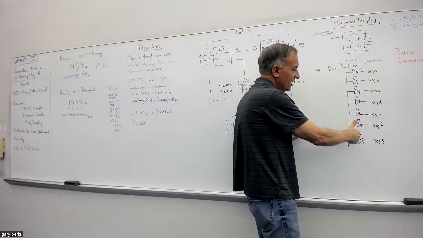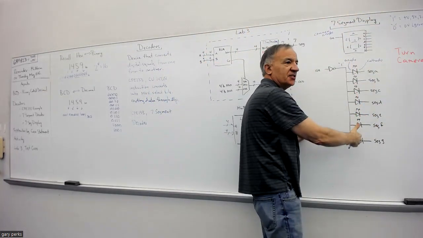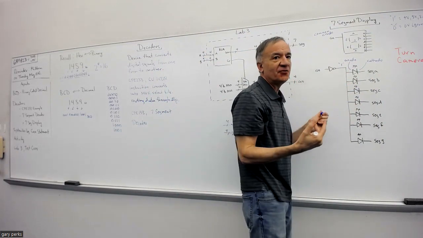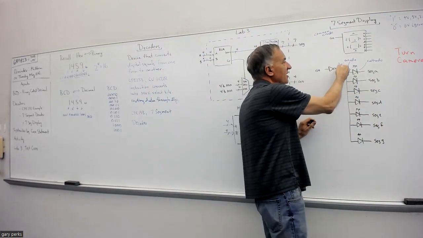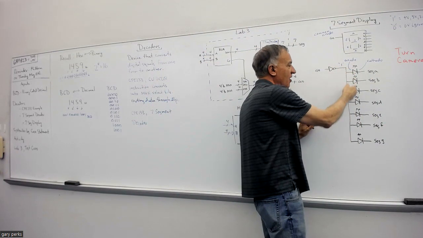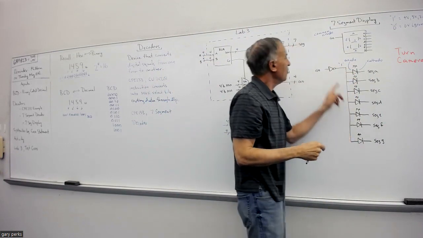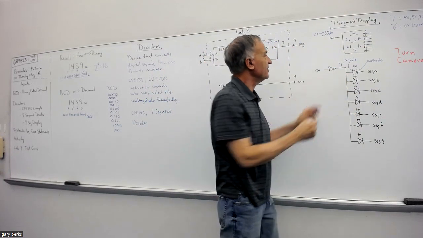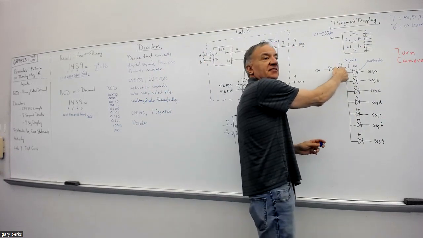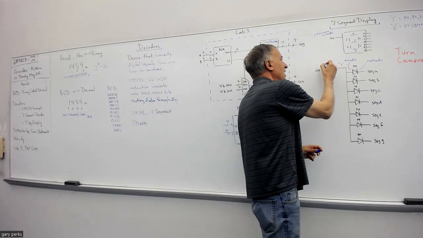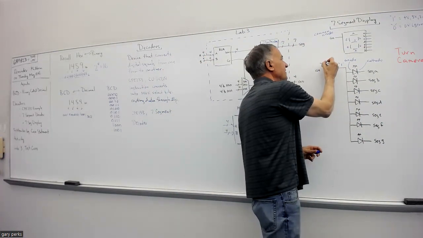Same thing here. When I connect all these anodes together, they all have the same voltage. So if I have a 1 on this side of the inverter, all the anodes of all the segments are going to have a 1. Well, because there's this inverter here, in order to get a 1 to this common anode point, I would have to make AN a 0.